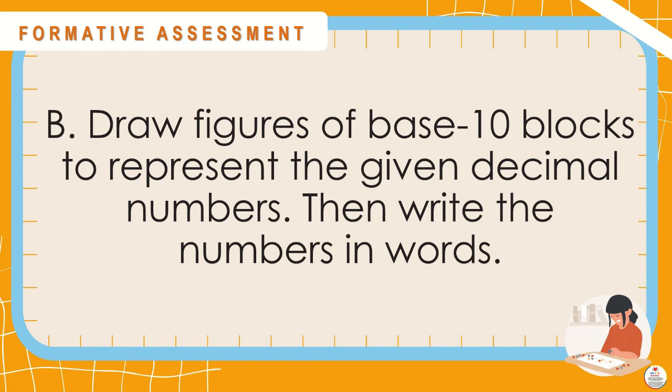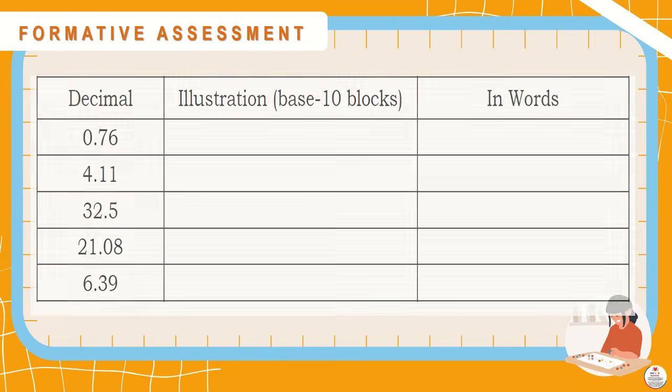For letter B, draw figures of base 10 blocks to represent the given decimal numbers. Then write the numbers in words. For decimal, we have 0.76, 4.11, 32.5, 22.08, and 6.39. For the second column, illustration based on base 10 blocks, and write it in words.